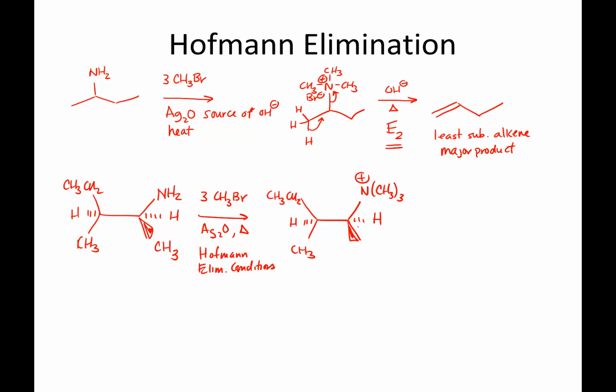Let's see, I need one of these to be bold. Let's make the methyl group bold over here. No, let's not make the methyl group bold. Let's make the ethyl group bold. Keep the methyl group where it is.